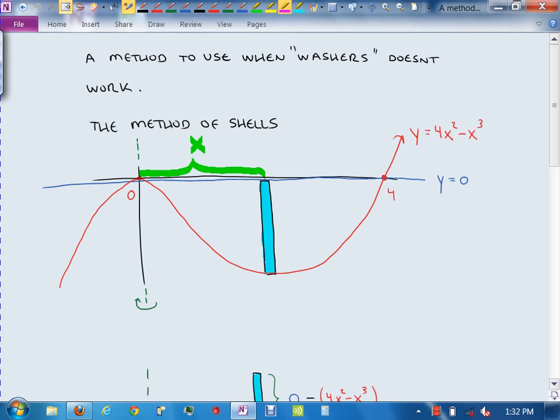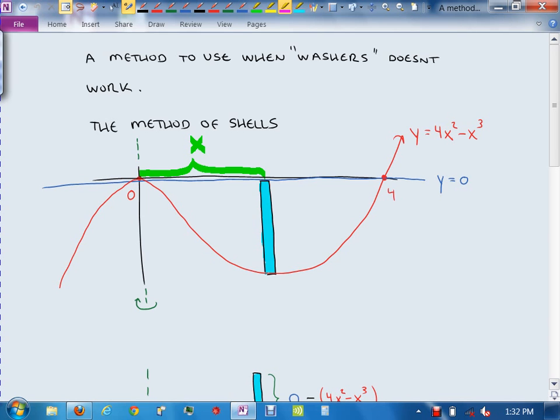What we've been doing, remember when we were doing 7.2 to get the volumes, we took the rectangle and revolved it around some axis, right? And it created this thing that looked like a hollowed out washer. Remember that? That's the idea of rotating a rectangle around an axis that's perpendicular to it. You get this washer, don't you?